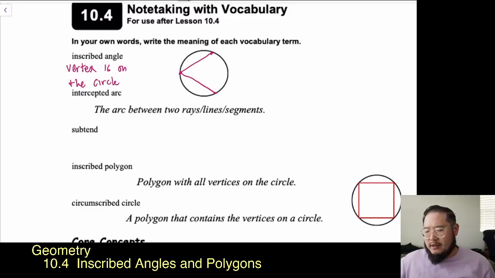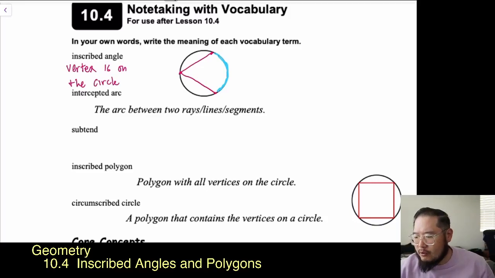As we take a look at the next term, intercepted arc, this is the arc between two rays or segments. So piggybacking on our diagram right here, in between the angles, I'm going to go ahead and highlight in blue this arc.